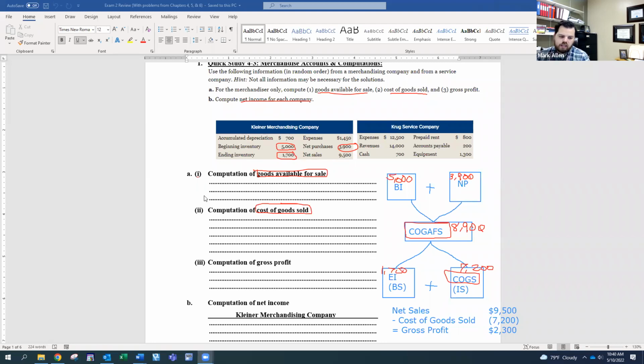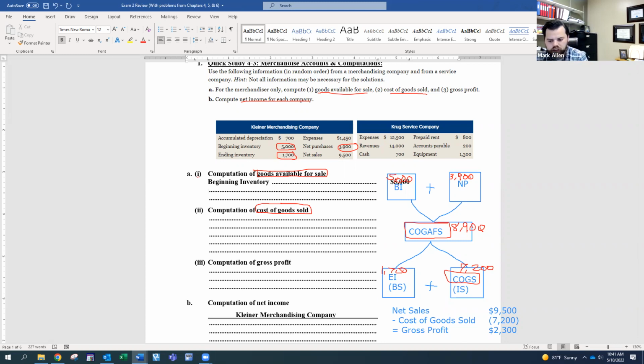Now, with that said, I'll type this out just so you can see how this should look if you're writing along with me. Beginning inventory, this will then be the 5,000.